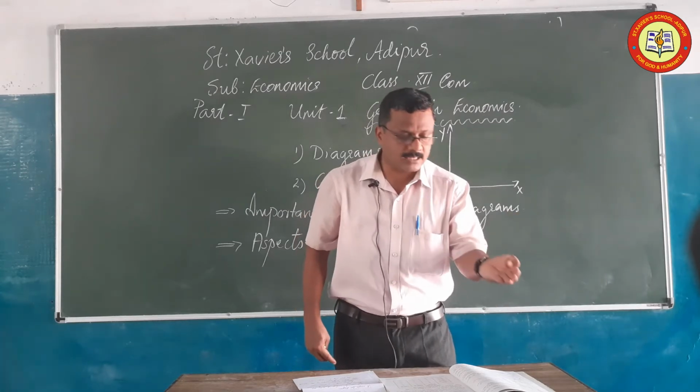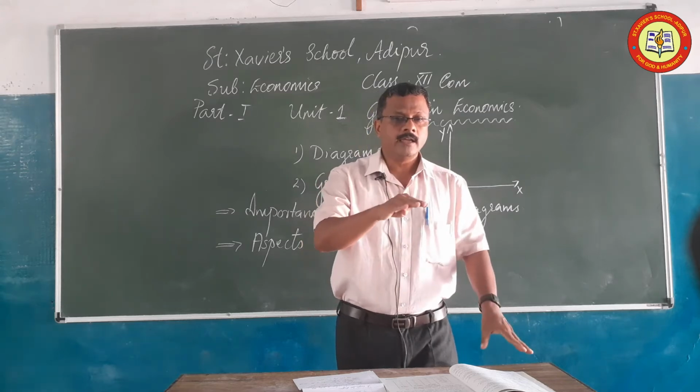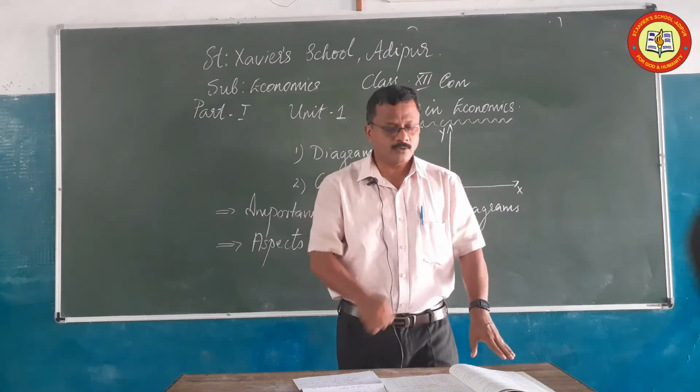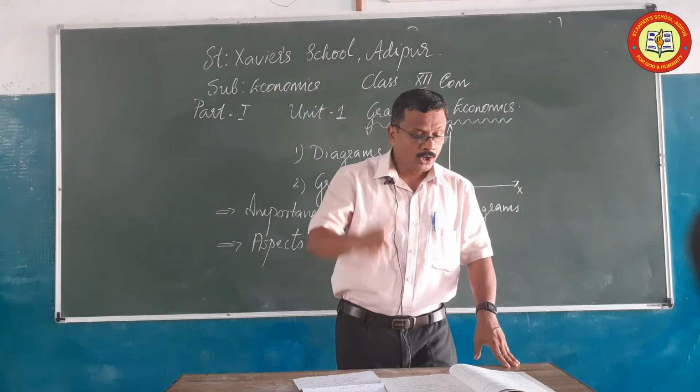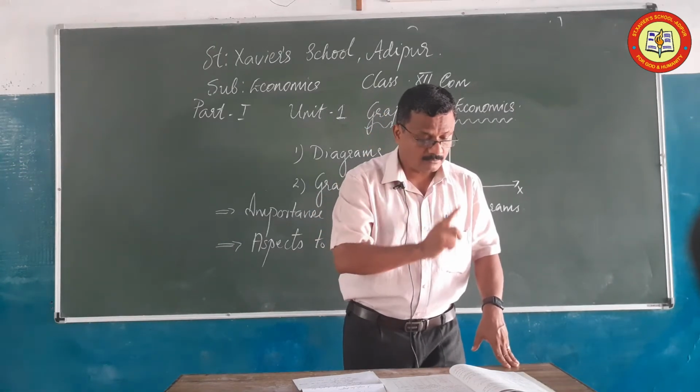During these decades, what do we understand from this time series, students? There was a fluctuation, a change in the population growth rate. Let us see, especially 1961 to 71.